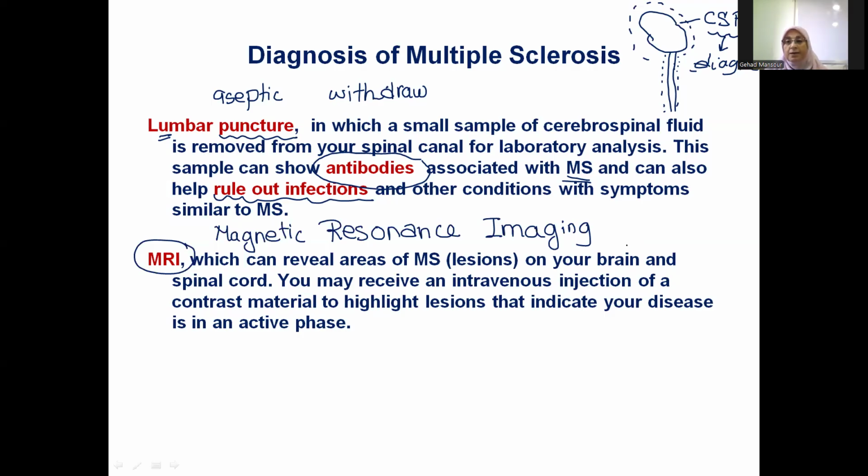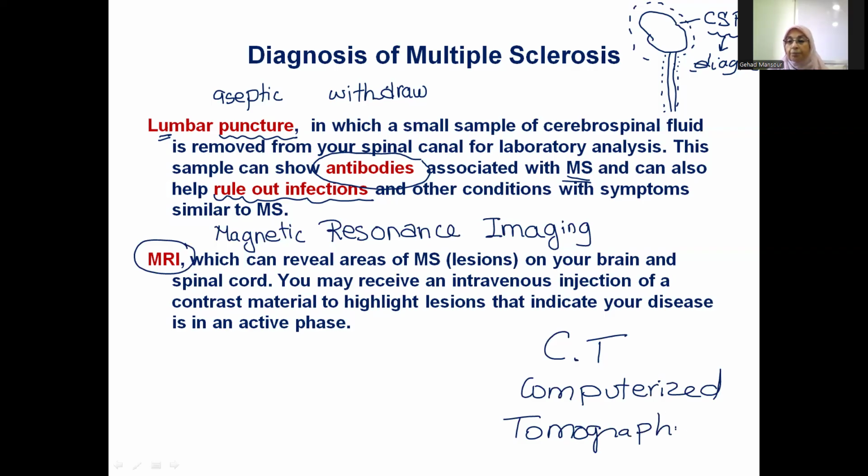CT stands for computerized tomography. And tomography means dividing into layers. So if you look at the film of computerized tomography, you will find that the pictures you are taking of the brain are pictures of slices, very thin slices of the brain.